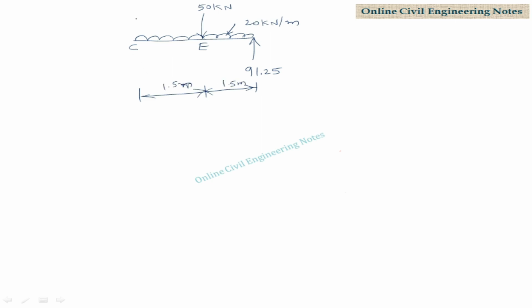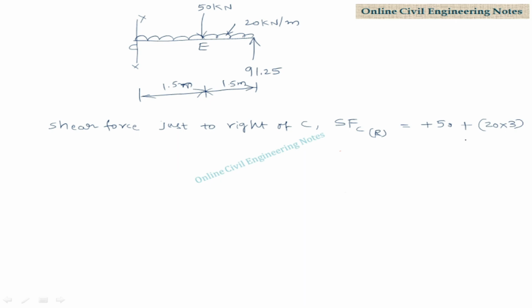Consider a section just to right of C. The forces acting are 50 kilonewton and 20 kilonewton per meter UDL, vertically downward, and vertically upward force is 91.25. Shear force just to right of C, SFC right side, vertically downward force is taken as positive 50 plus convert the UDL into concentrated load 20 into 3 meter.